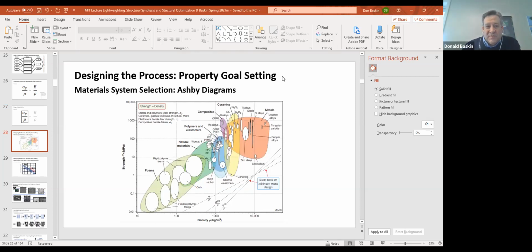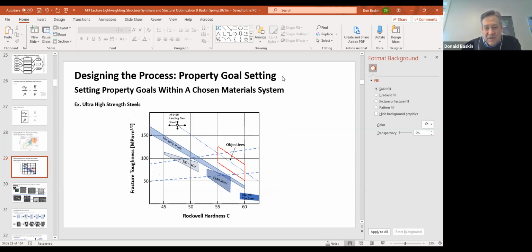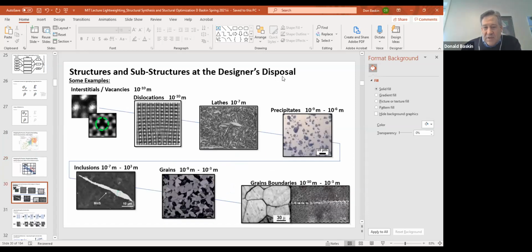Beryllium? Steel? Carbon fiber? Those are all systems, picking the material system. We talked about goal setting. And we talked about microstructural features and how these different microstructures are systems, these material subsystems and microstructures at our disposal to design new materials that have higher strength to density ratios.